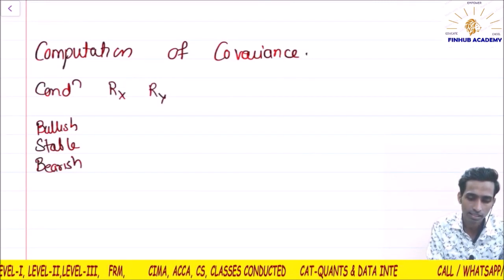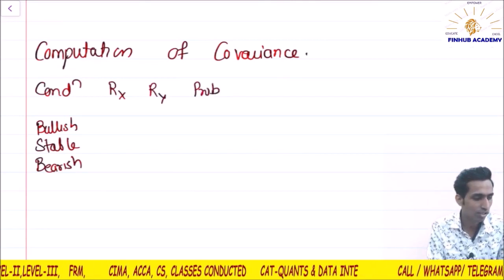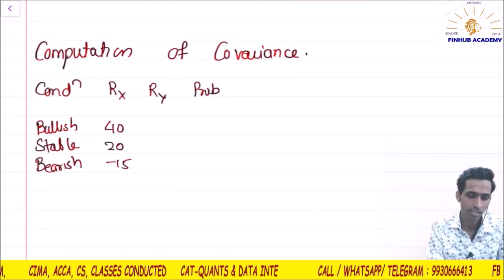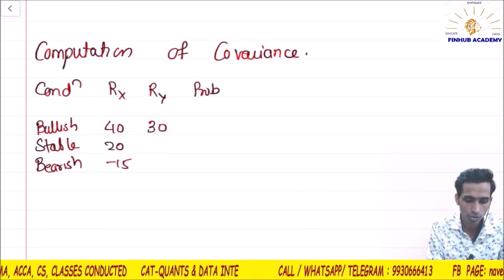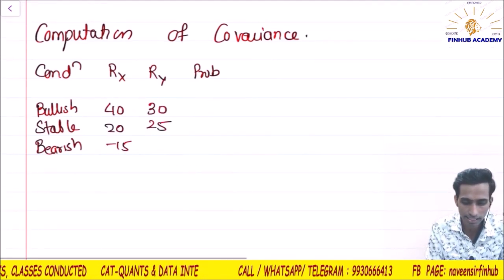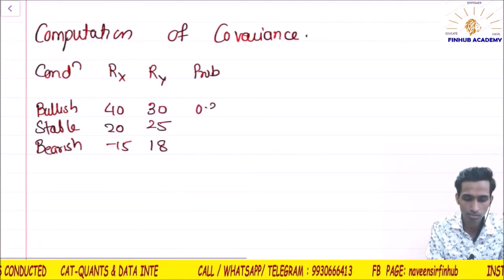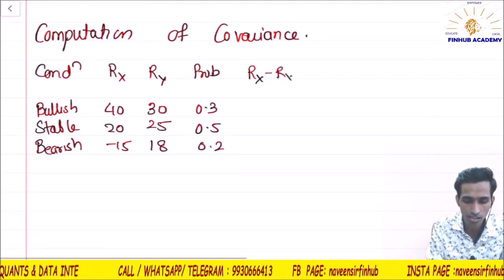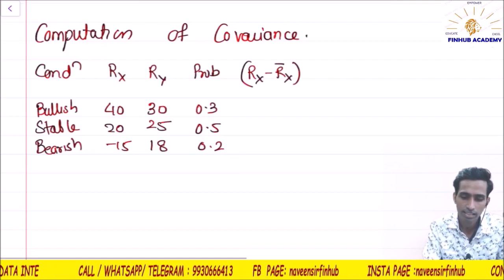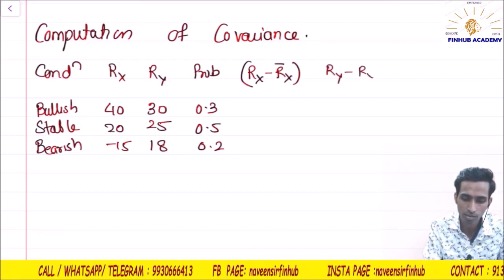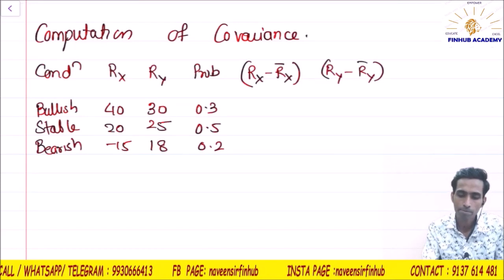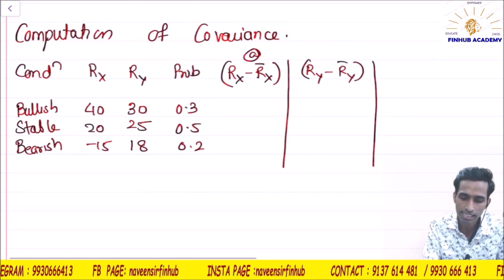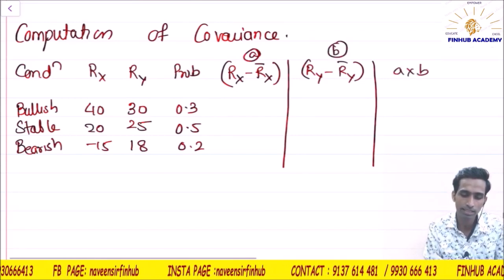Rx is 40, 20, minus 15. Ry is 30, 25, 18. Probability is 0.3, 0.5, 0.2. Then Rx minus Rx bar, that is expected return, then Ry minus Ry bar. And then multiply these two columns: I will call this A and this B, so A multiplied by B.